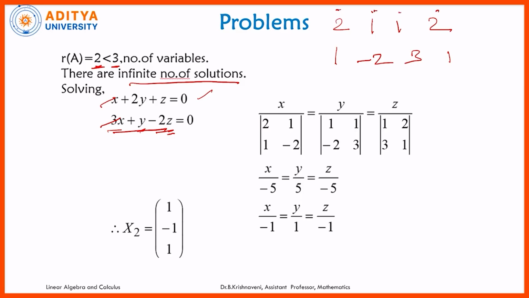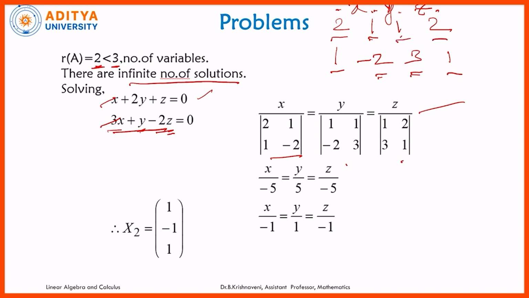In that way we need to take, thereafter you can put here x, y, z. Then write this equation: x by det of 2 1 1 minus 2 is equal to y by det of 1 1 minus 2 3 is equal to z by determinant of 1 2 3 1.